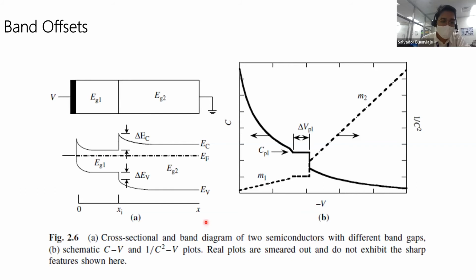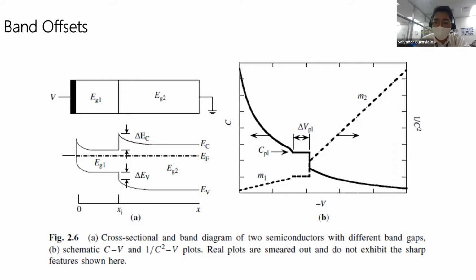This is just a diagram of band offset. As you can see here, there are two sets of conduction and valence bands due to the distinct difference between the two semiconductors. The CV and 1/C² curves are shown here.